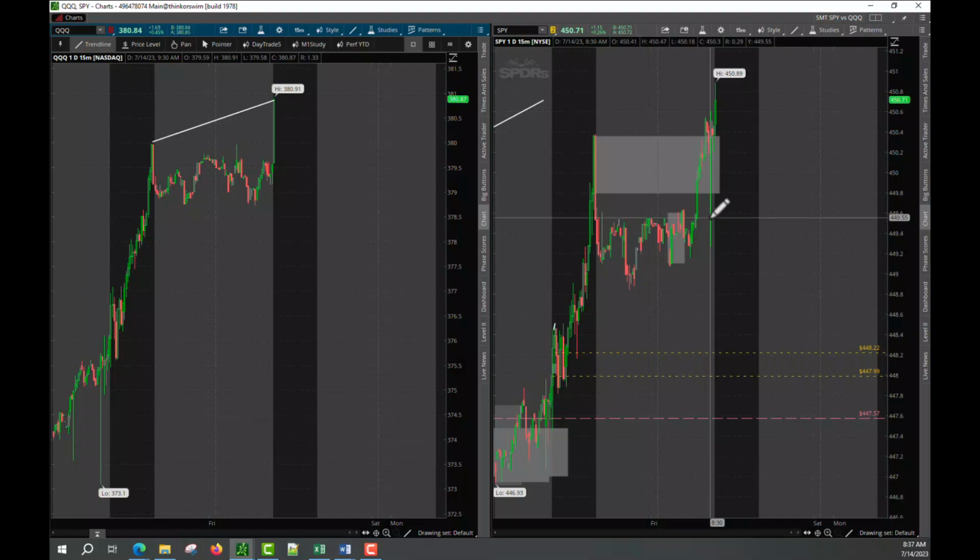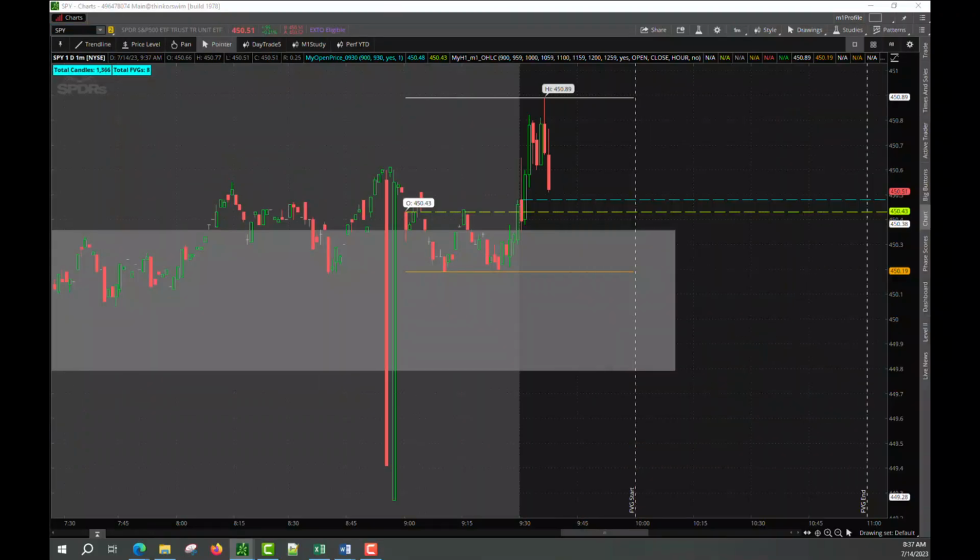But this guy really does a long wick to take the buy side liquidity. This guy doesn't do that. Alright, we continue to monitor and see what's going on.